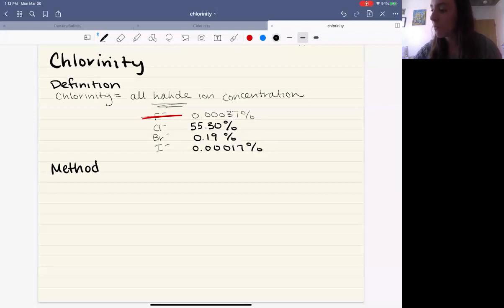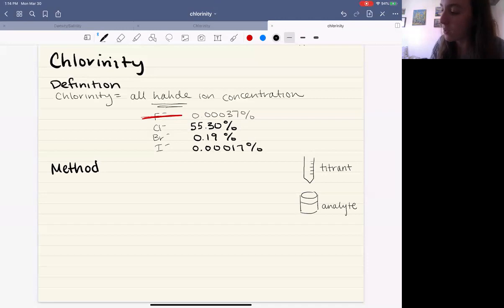You may be familiar with doing a titration with a burette, where you fill your burette with your titrant and slowly add it into your analyte solution until your moles of your titrant are equal to the moles of the analyte.